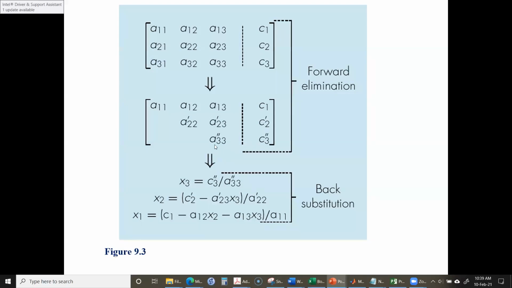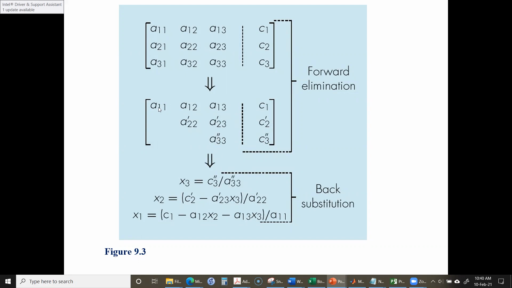For example, in this triangular system, x3 will be equal to C3 double prime divided by A33 double prime.